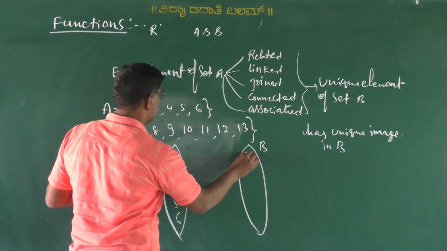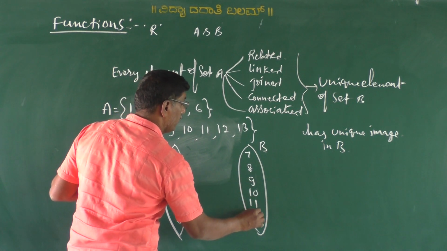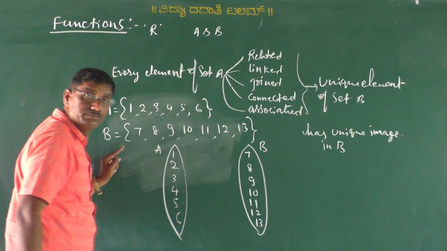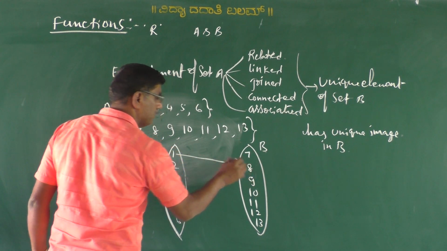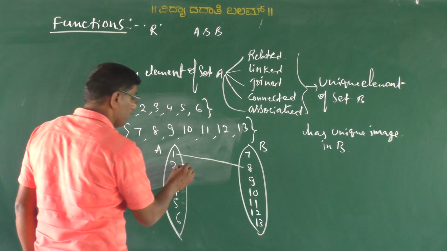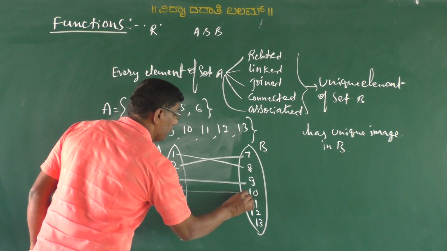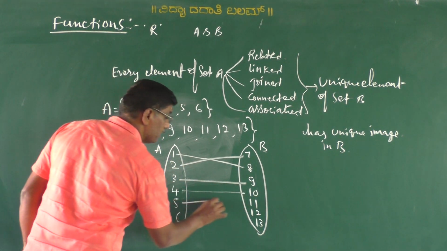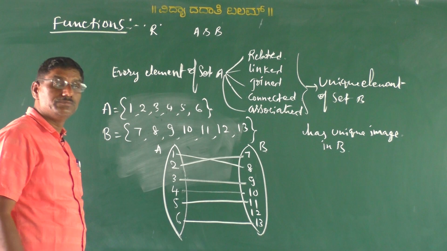The elements of B are 7, 8, 9, 10, 11, 12, 13. Now 1 is related to 8, 2 is related to 7, 3 is related to 9, 4 is related to 10, 5 is related to 11, 6 is related to 13.